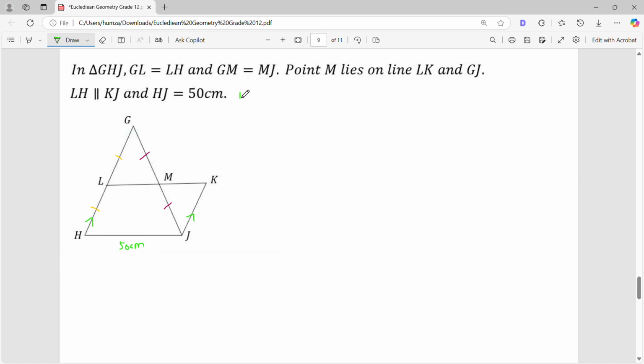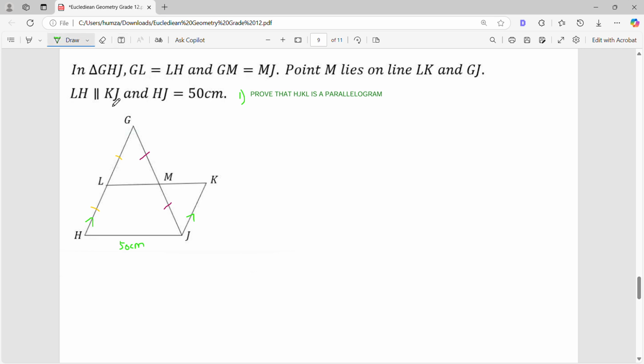Question 1: prove that HJKL is a parallelogram. This is the question number 1 they can ask you regarding this, right?